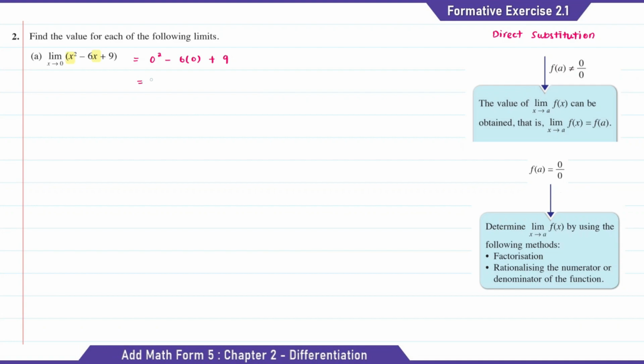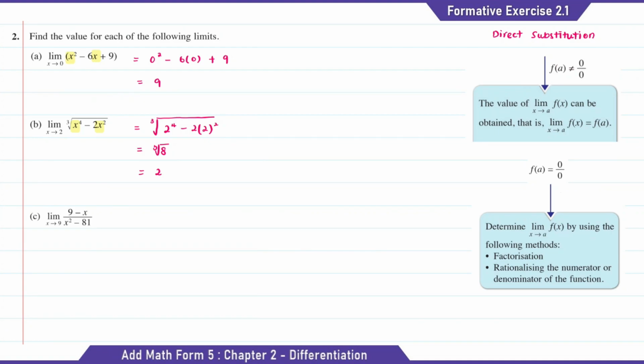The answer here is equal to 9, and that will be the limit value for A. Question B, as x approaches 2, then I'm going to substitute the x here with 2. So here I'm going to get the cube root of 8. The answer of this is equal to 2.